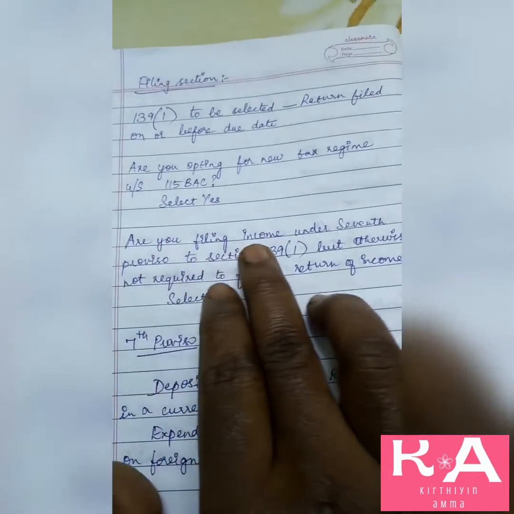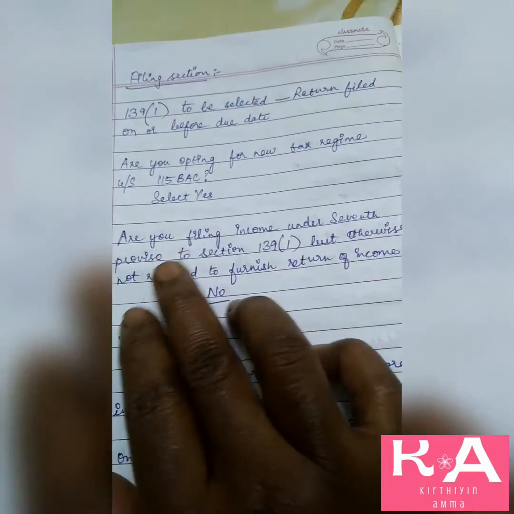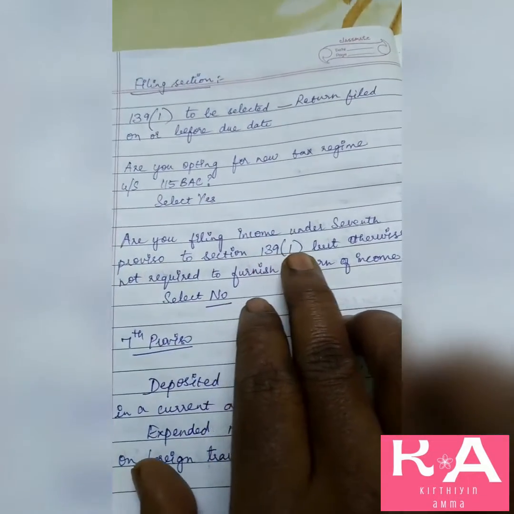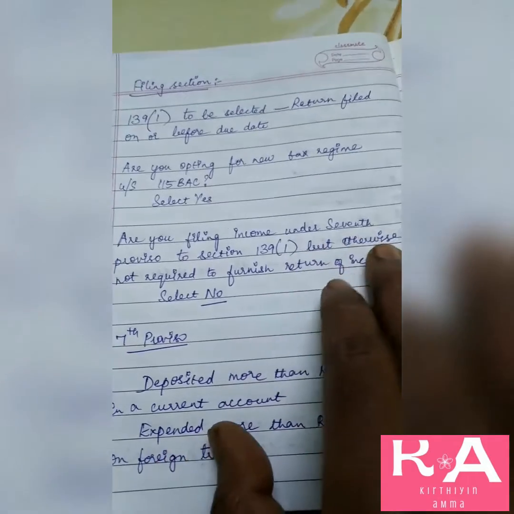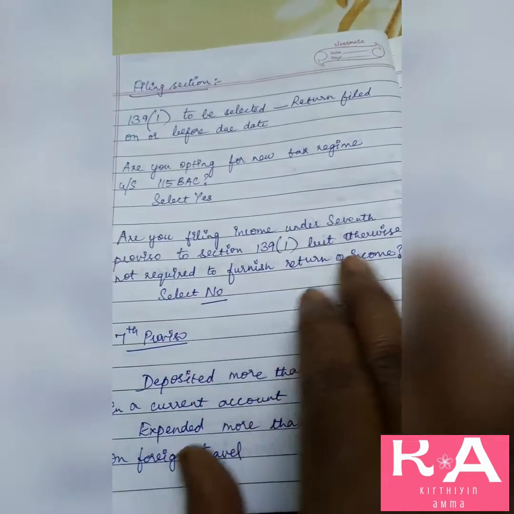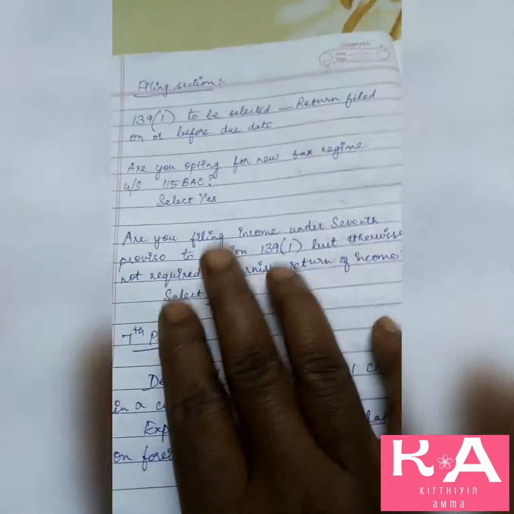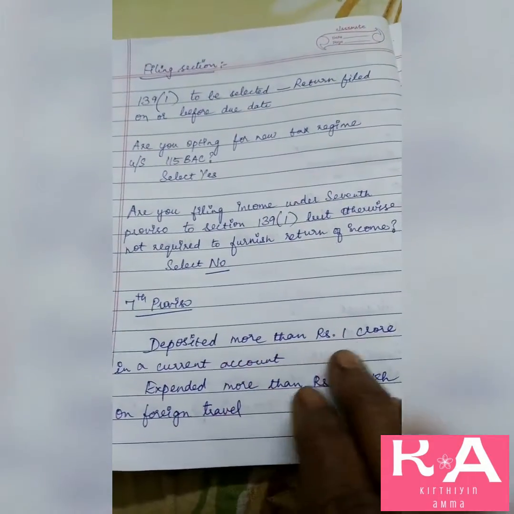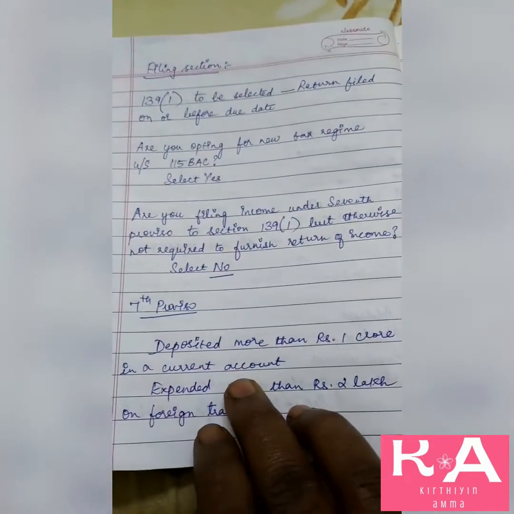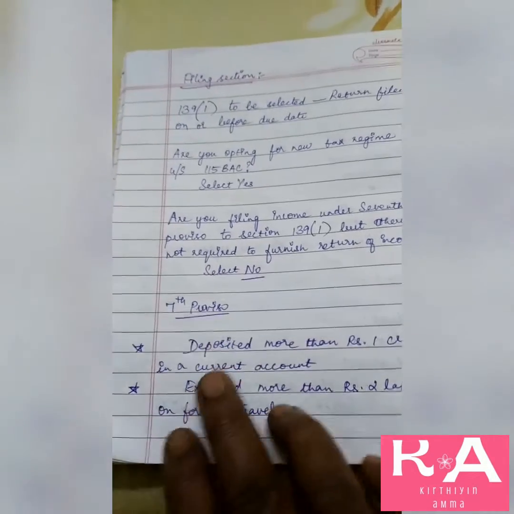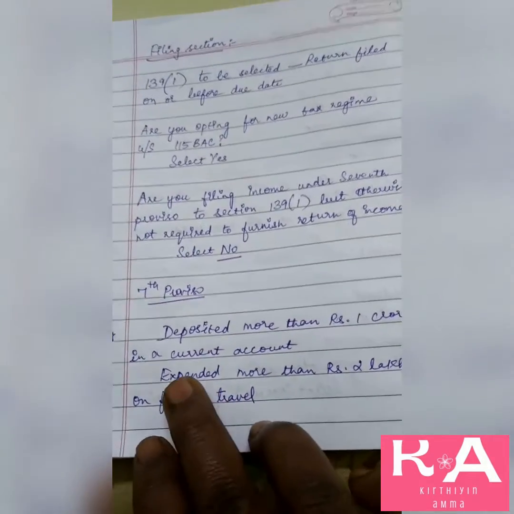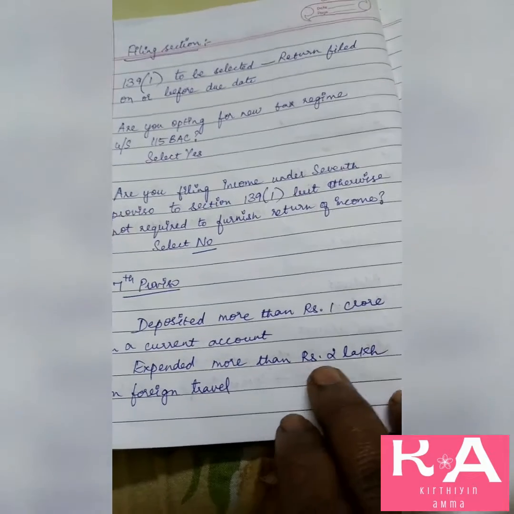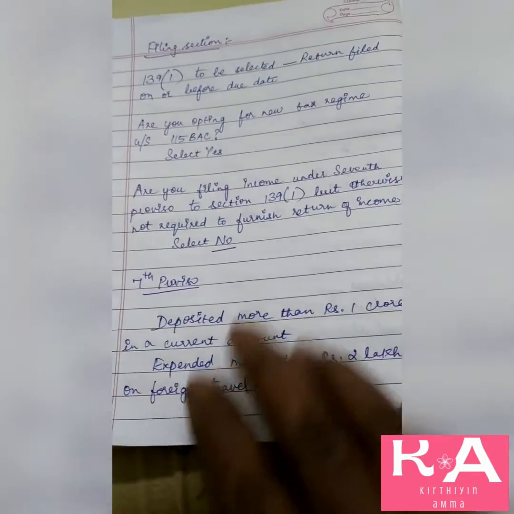Are you filing income tax under the 7th proviso to section 139 subsection 1 but otherwise not required to furnish a return of income? So what is the 7th proviso? First category: if you have deposited more than 1 crore in a current account. Number 2, second category: expended more than rupees 2 lakh on foreign travel.